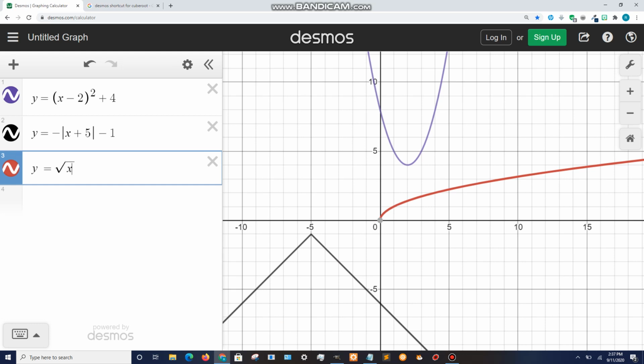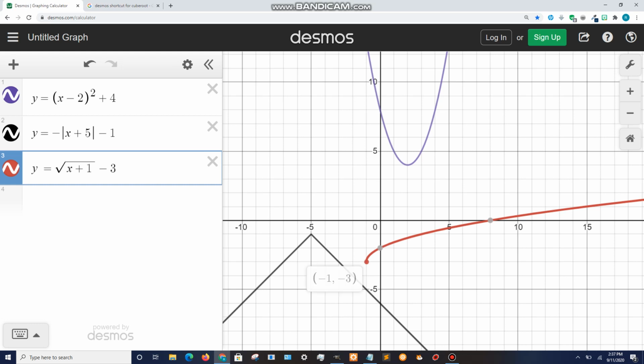Let's put something inside there. We'll put +1, and then I'll do minus, I gotta get it on the outside, -3. Okay, so here it is right here. You can see my y is exactly the same, it's -3, and the x coordinate is actually the opposite of what's on the inside.